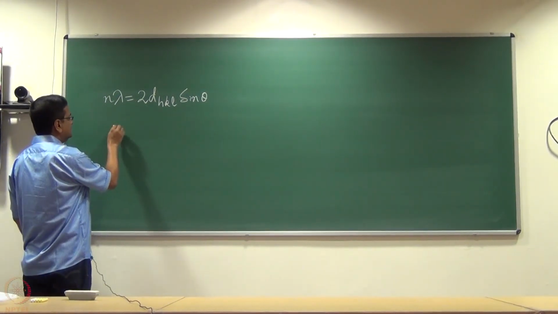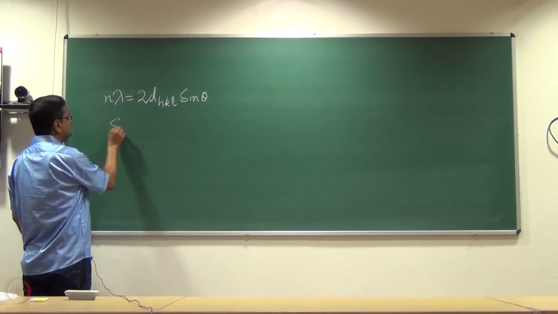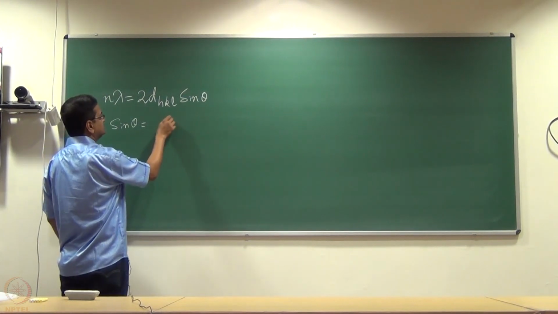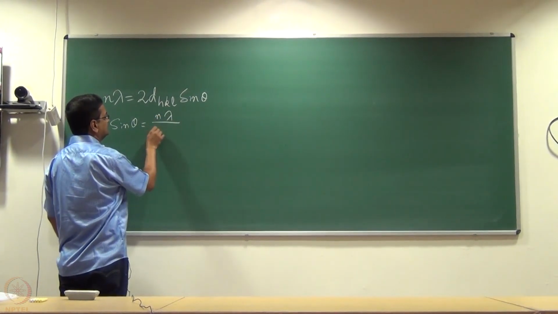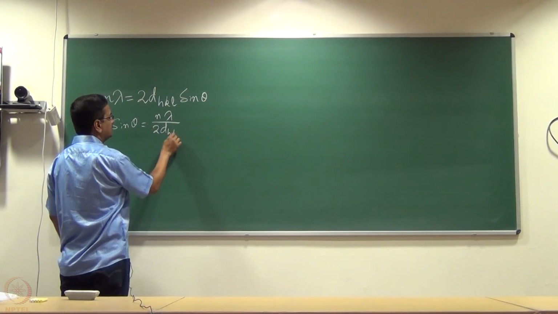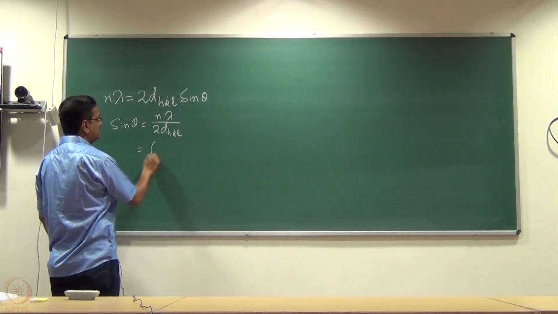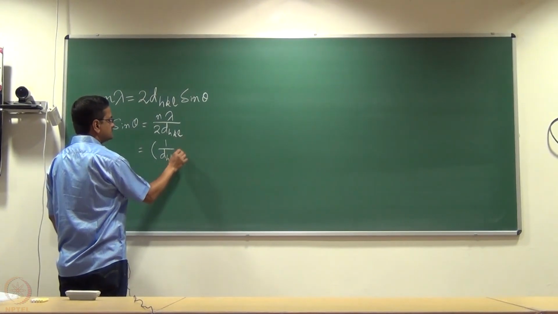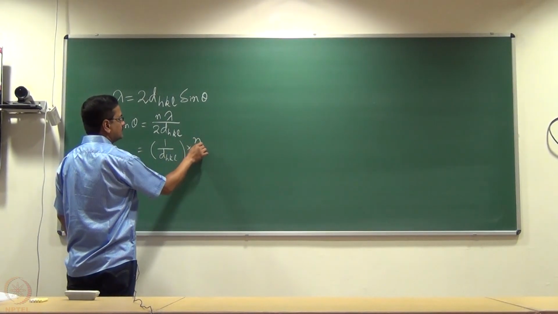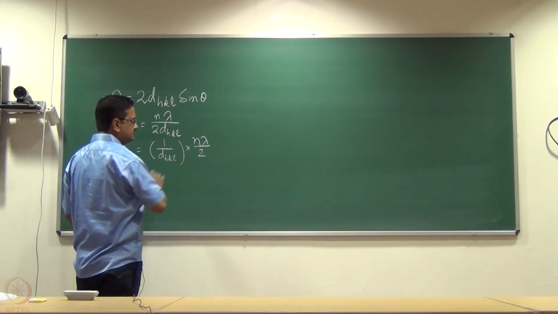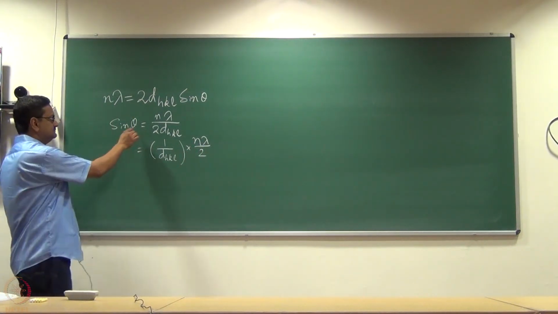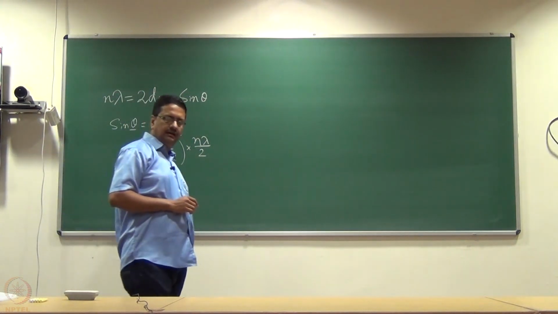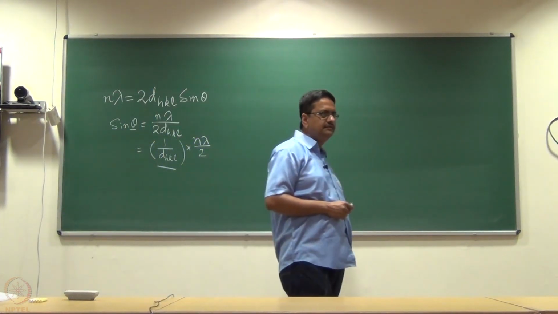So the relationship is sort of inverse when you try to write the value of sin theta, which is n lambda by 2d HKL, which actually means the relationship is inverse with respect to theta. And larger the d value, smaller is the value of sin theta.